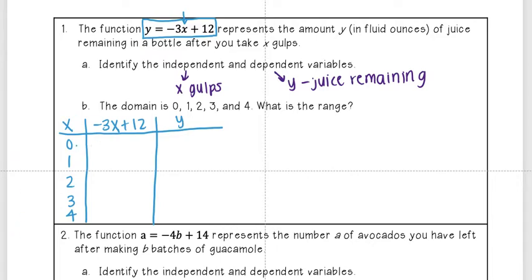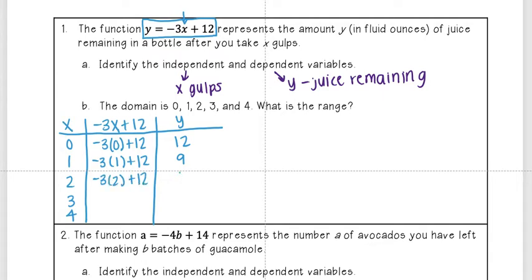So for this first one, my input x is 0, so I'm going to put 0 in place for x here. And negative 3 times 0 is 0. 0 plus 12 is 12. And I'm going to do the same thing, but now I'm going to input 1. So I'm going to have negative 3, 1 for x. Well, negative 3 times 1 is negative 3, plus 12 is 9. And then I'm just going to keep on going.